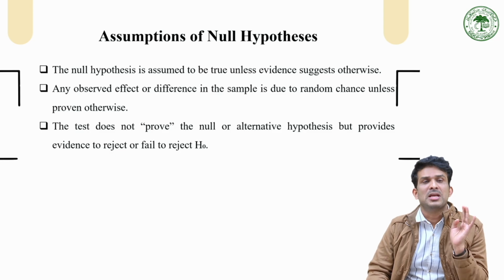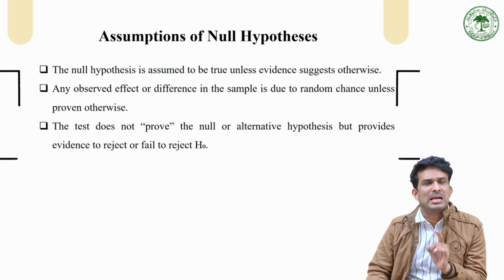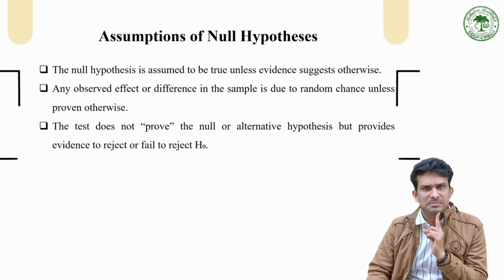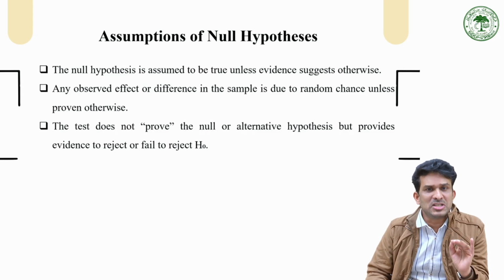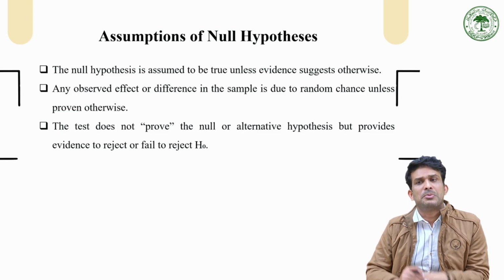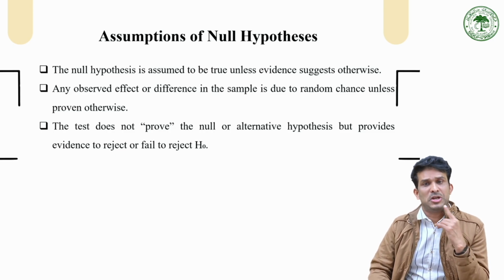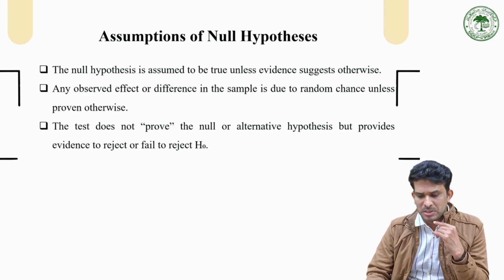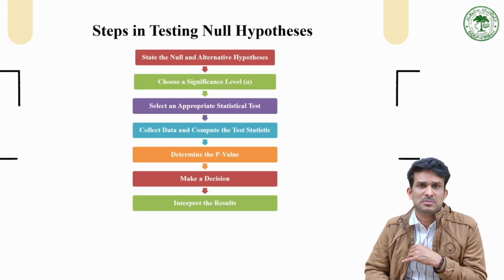Second, any observed effect or difference in the sample is due to random chance unless proven otherwise. The third assumption is that the test does not prove the null or alternate hypothesis, but it provides evidence to reject or fail to reject. Got an idea about it? Yes. These are the assumptions about the null hypothesis.